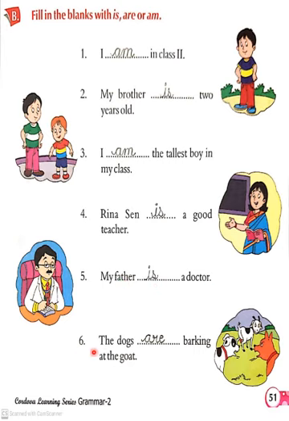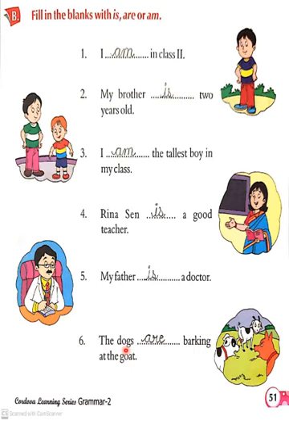Sixth, the dogs dash barking at the goat. So here what is given? Dogs. So it is given in plural. The singular is dog and here it is given dogs. So it means we are talking about so many dogs. It is more than one.